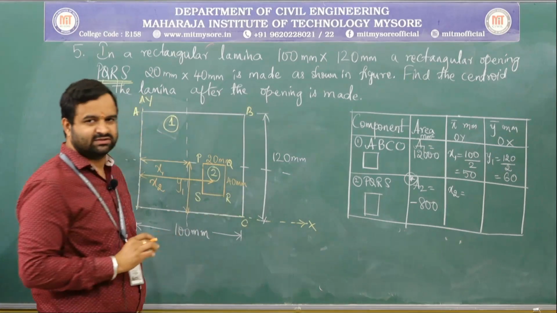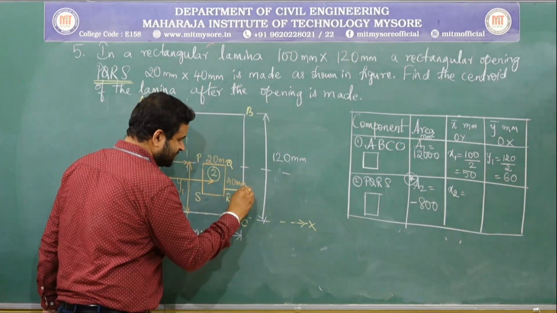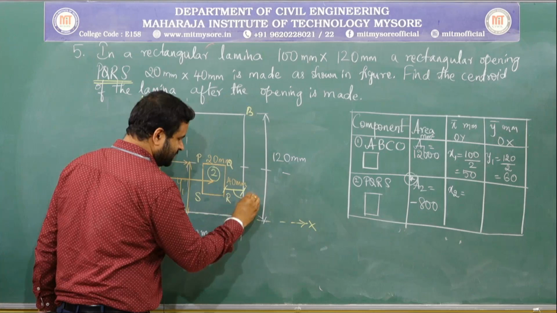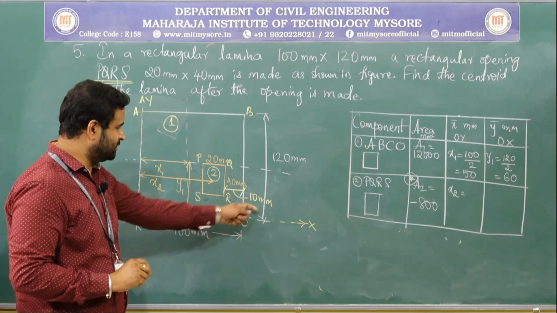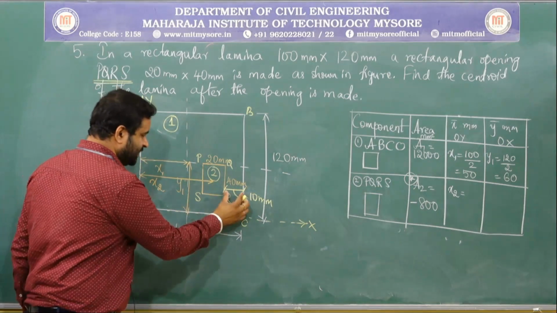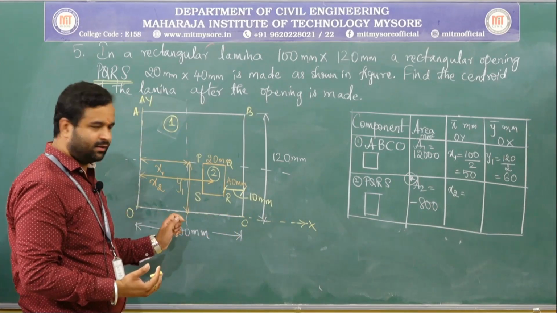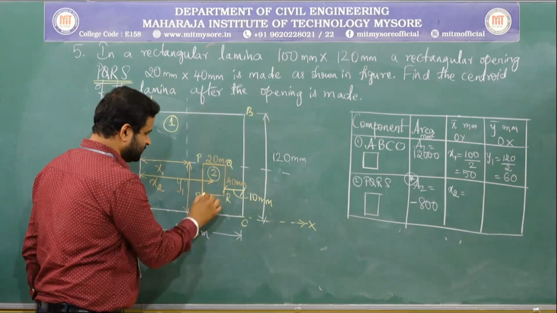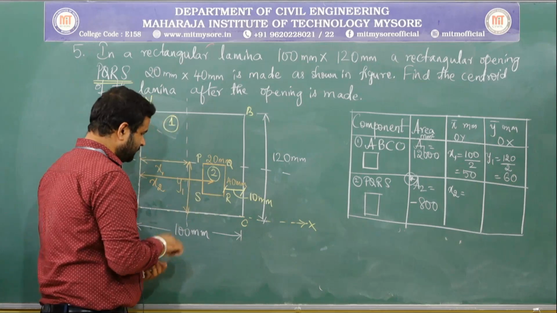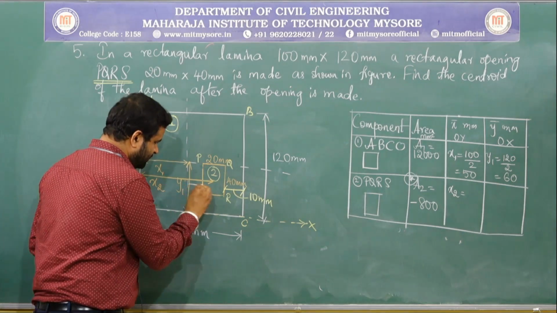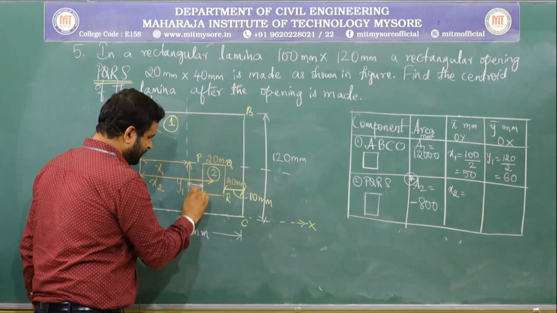And then what about the remaining distances? There is one more data given, this gap, which is already given in the question, which is 10 mm. If this is 10 mm and half of the distance of 100 mm is 50, what about this remaining? If this is 20, 20 plus 10 is 30, the remaining will be 50 minus 30, which is 20 mm.